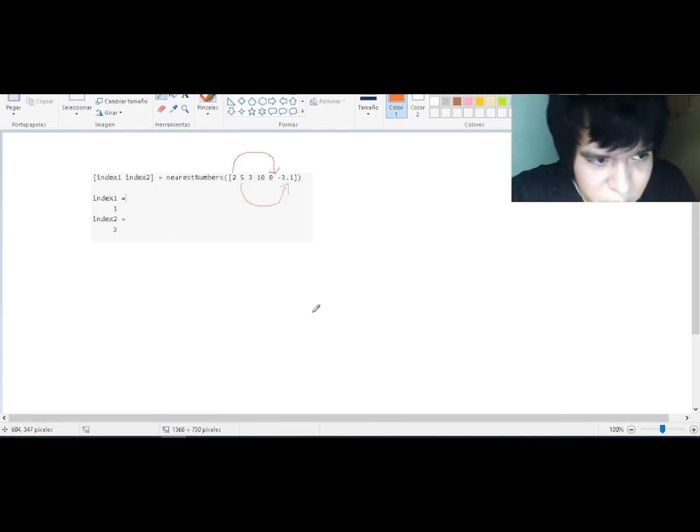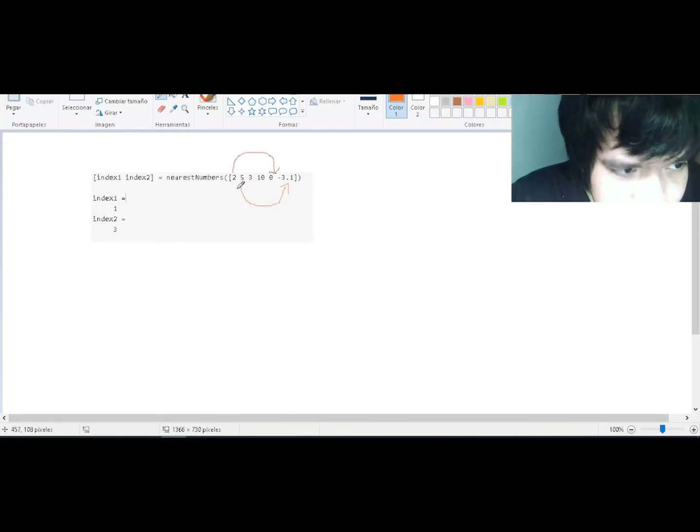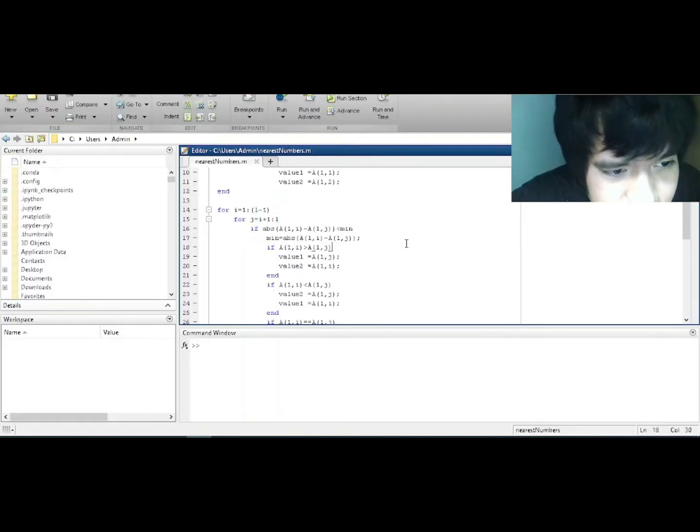So in this way we don't check the numbers with themselves, like 2 minus 2, 5 minus 5, etc. And in this way we can check for all the pairs. There is no problem with that.